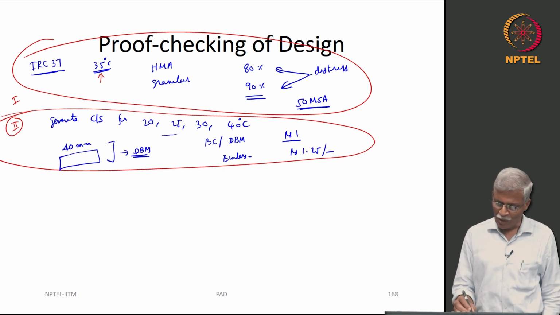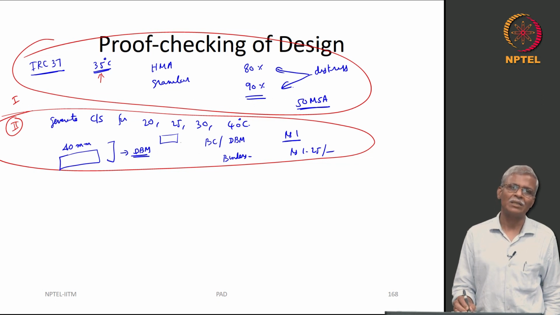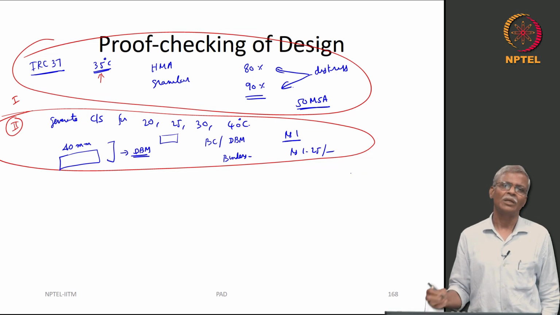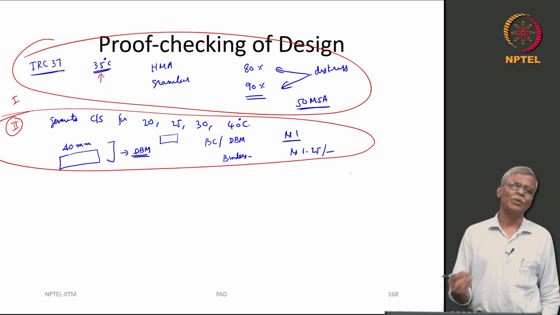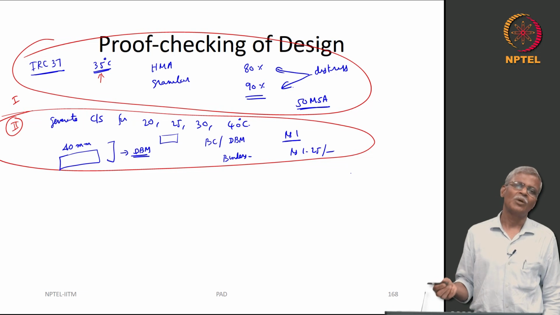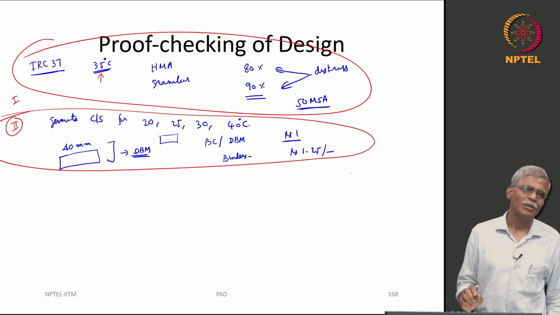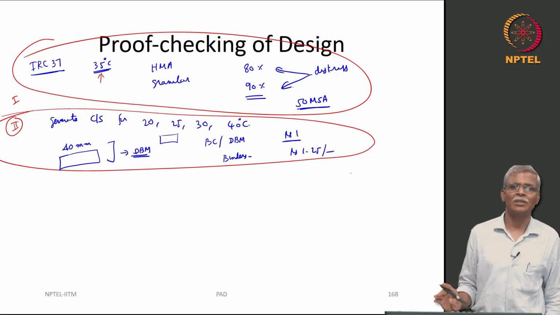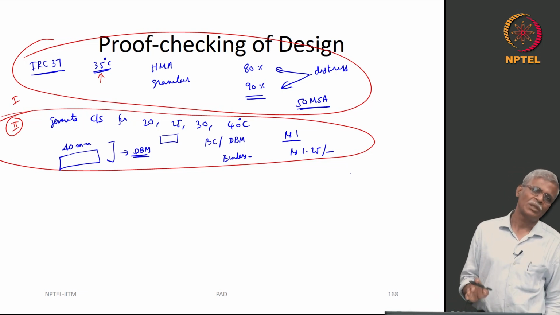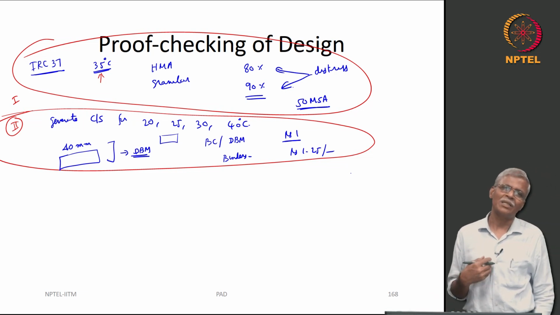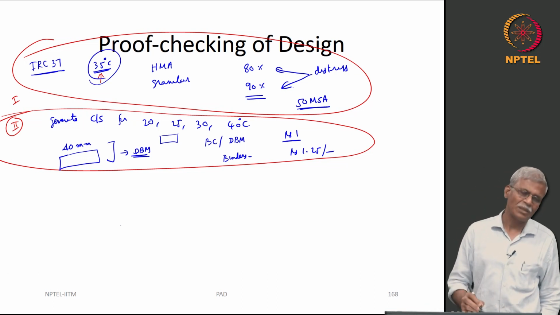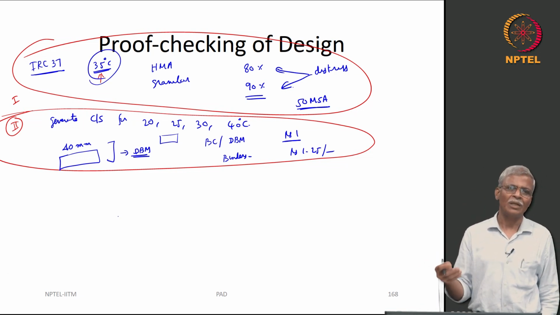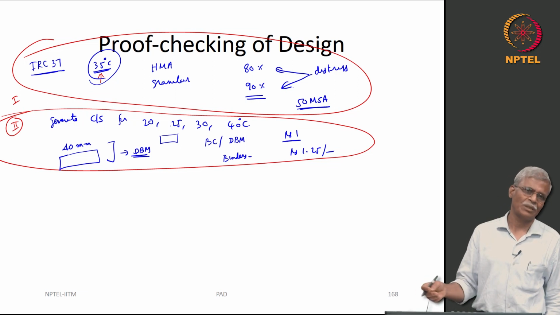So, what you need to do, either keep the BC layer thickness constant, vary the DBM layer for any given binder, and then keep the DBM layer thickness constant, vary the BC layers for the various binders, compute the cost, and then try to minimize the cost, maximize the design life that you will get. So, this will be a wonderful exercise that you can do, because most of the time what I have seen is practicing pavement engineers just take 35 degree centigrade, because they do not want to really spend this much time trying to do this exercise.